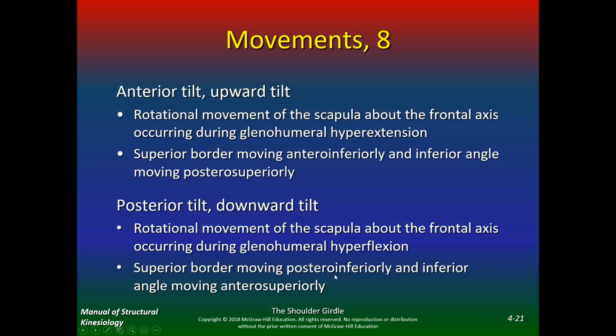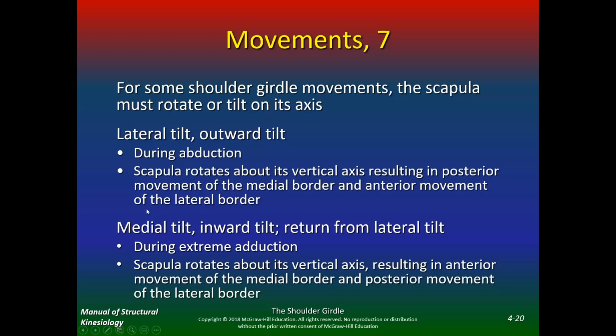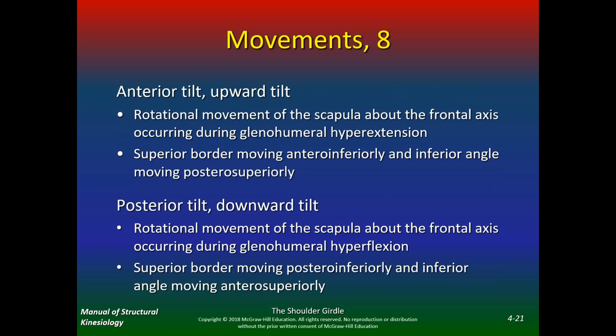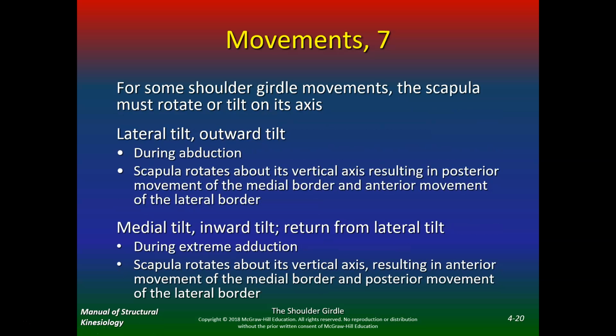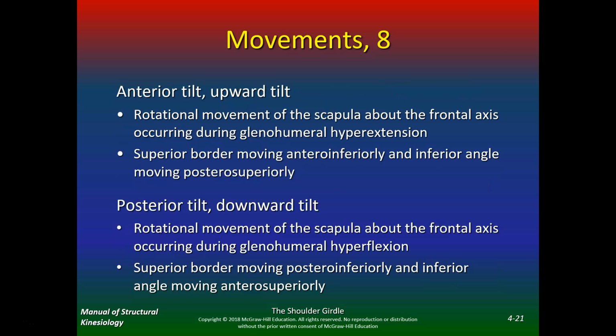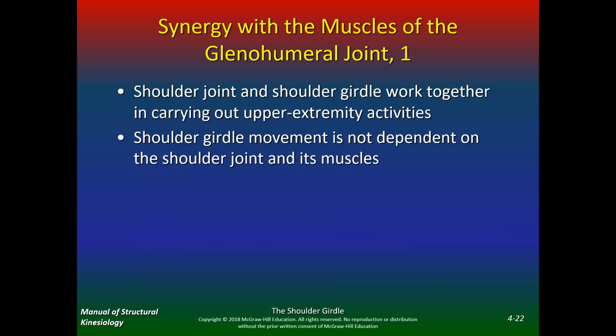Superior border moving posteroinferiorly and inferior angle moving anterosuperiorly. So again, the reason that knowing these tilts is important is that when there's a dysfunction, something's not going on correctly. So that's where we would have to address it with maybe some manual therapy, maybe some soft tissue work, or then re-emphasizing it with some exercises.